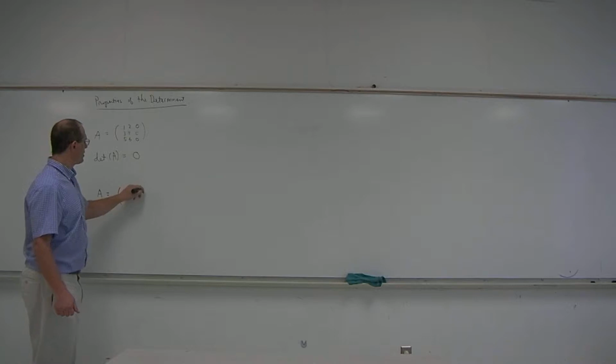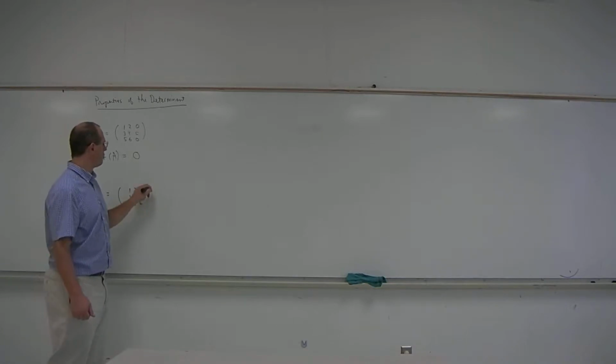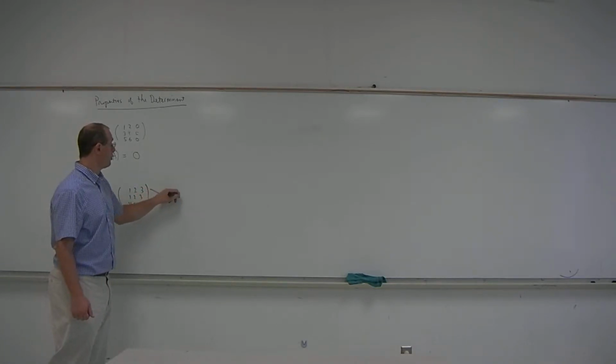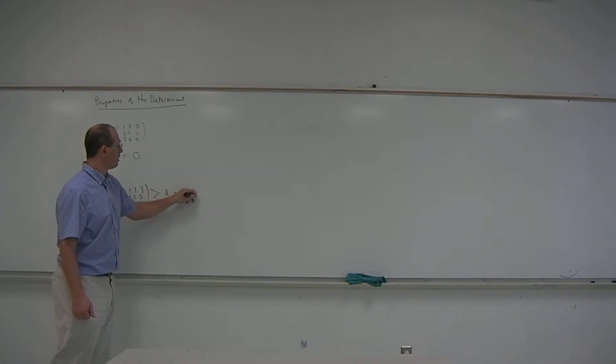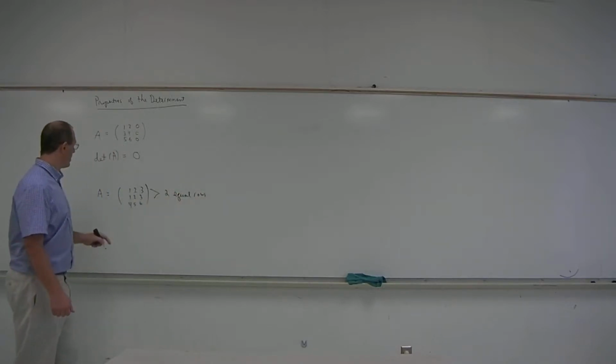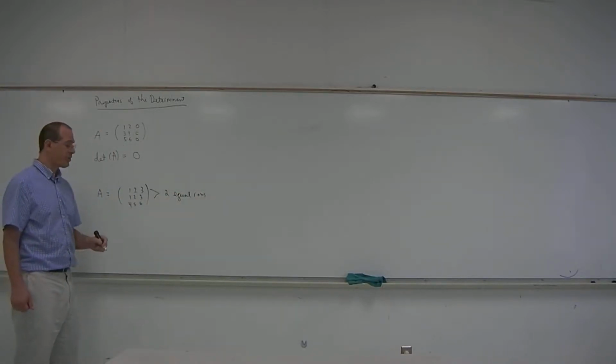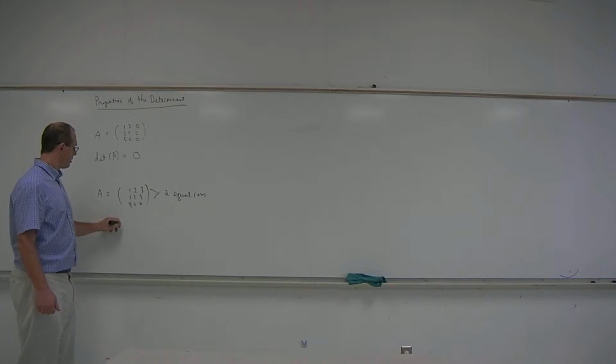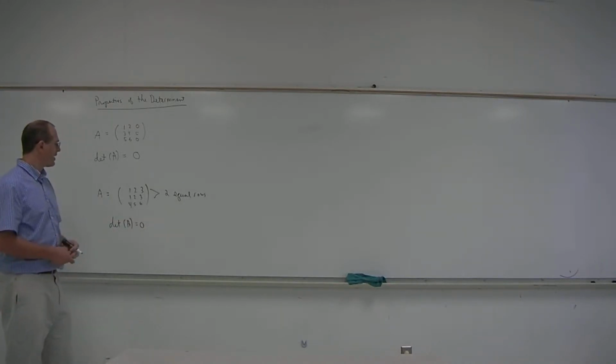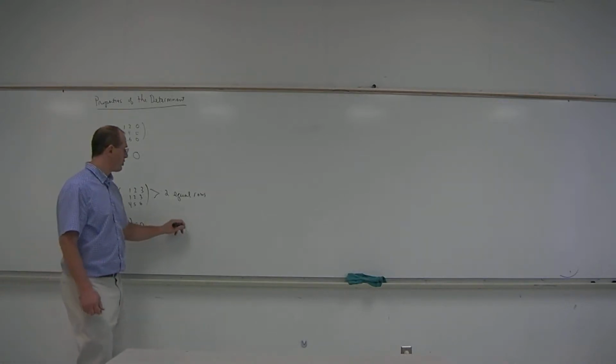Also, if a matrix, 1, 2, 3, 1, 2, 3, 4, 5, 6, has two equal rows, two or more equal rows, then in this case, the determinant is also 0. That's not as obvious in the 3 by 3 case as it is in the 2 by 2 case.